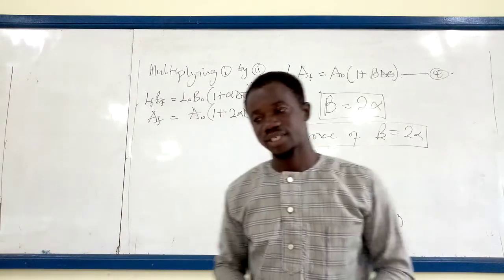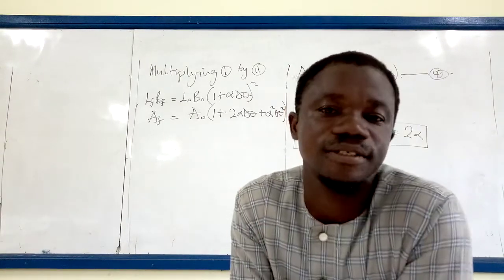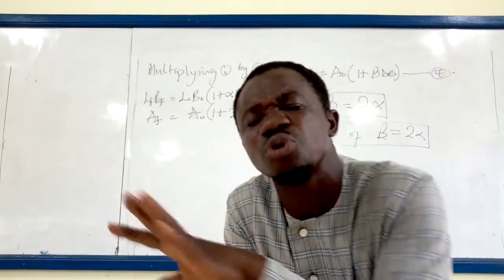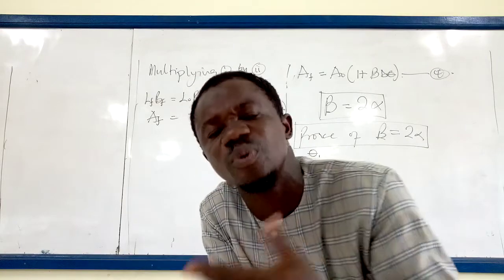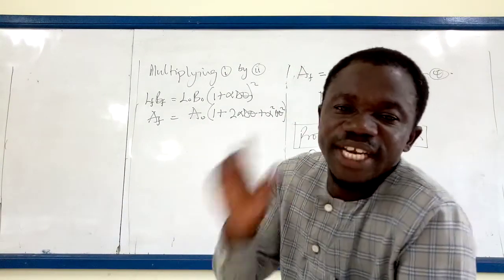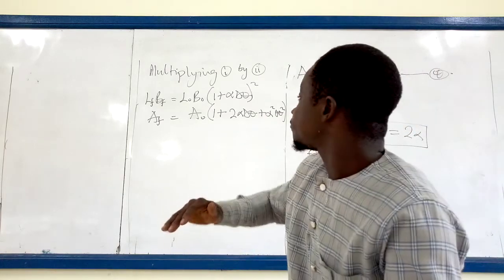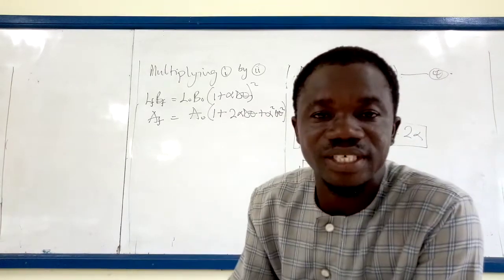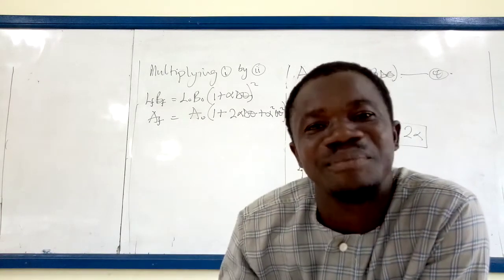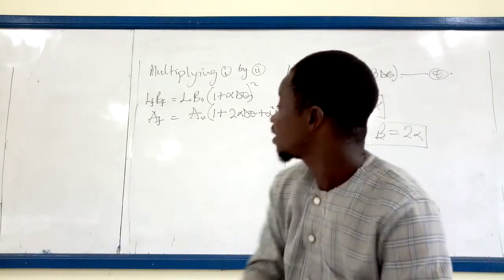Now listen to this. Linear expansivity is a very small quantity, usually 0.002, 0.00003, 0.004. Because linear expansivity is a small quantity like that, the square of the linear expansivity becomes even smaller. You understand that?